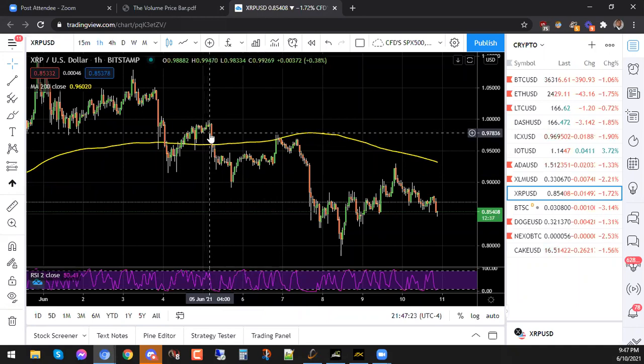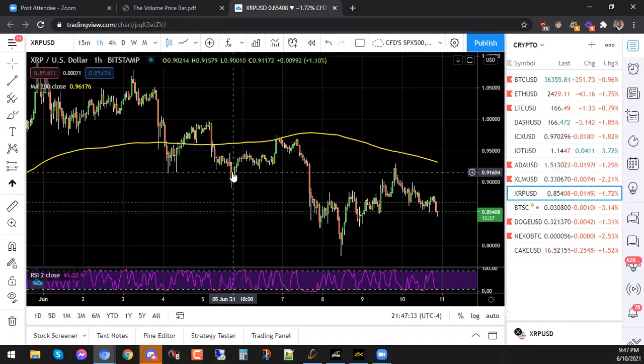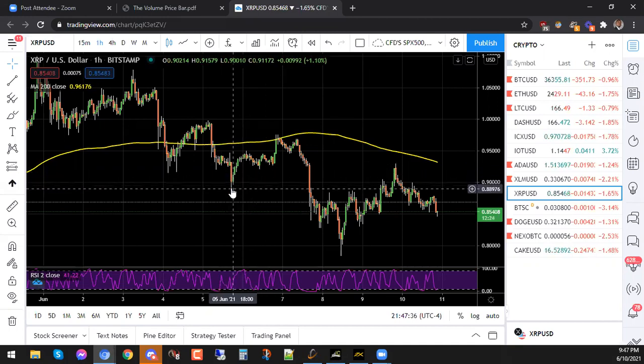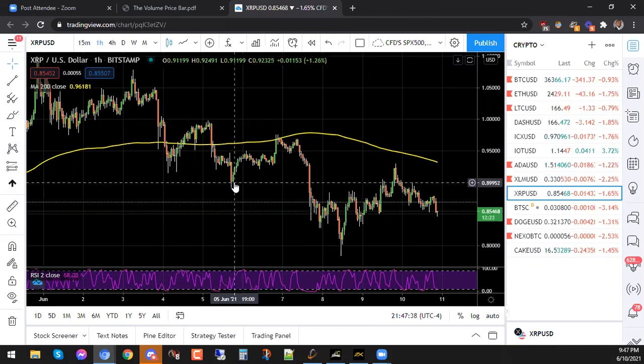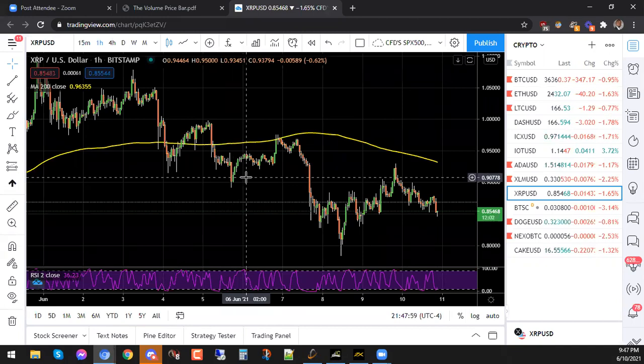This is around, let's see here, 2 a.m. So here we have some movement at 2 a.m. We have some movement back to the upside coming in around the end of the US session. So once you understand the various times that the volume is going to be coming into the market and you understand the pattern construction, you will know to look for the volume price bars.